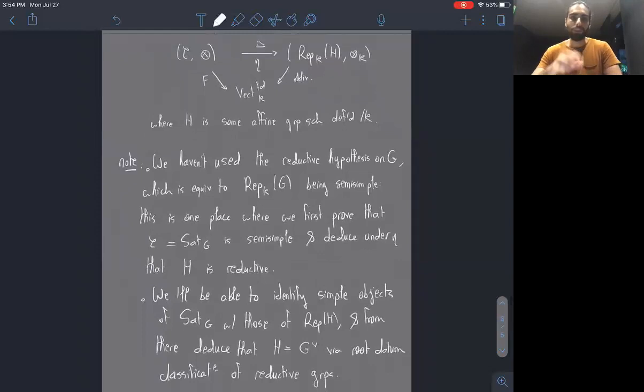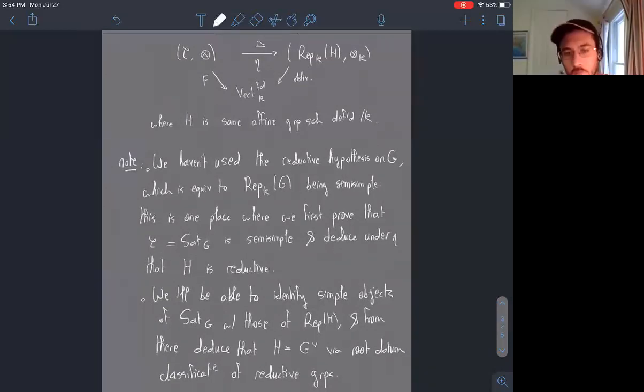You need to study the simple objects of C and then use this compatibility with the fiber functor to learn about the simple objects of Rep H. And then those are classified by dominant weights in general for an algebraic group. So this is where the root datum comes in. I see. Okay, thanks.